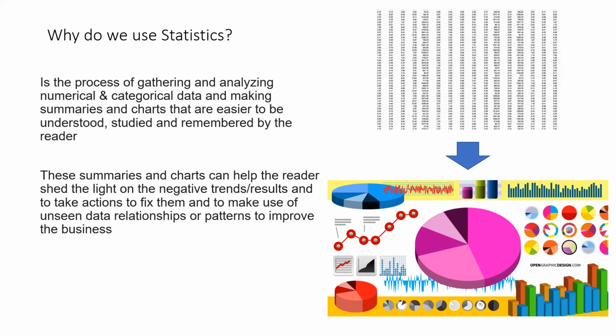And here comes the role of statistics, which is the process of gathering and analyzing numerical and categorical data and making summaries and charts that are easier to be understood, studied, and remembered by the reader or the data analyst. These summaries and charts can help the reader shed light on the negative trends or results and take actions to fix them, and to make use of unseen data relationships, correlations, or patterns to improve the business or the industry.